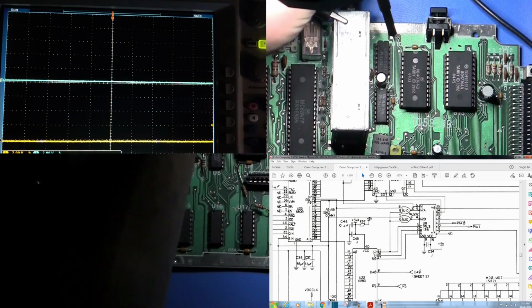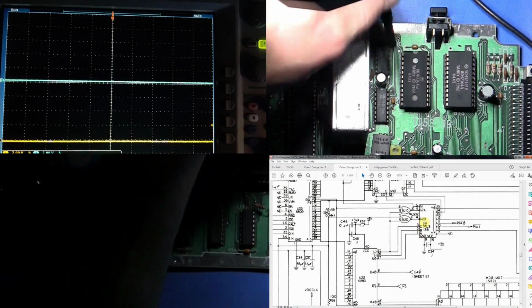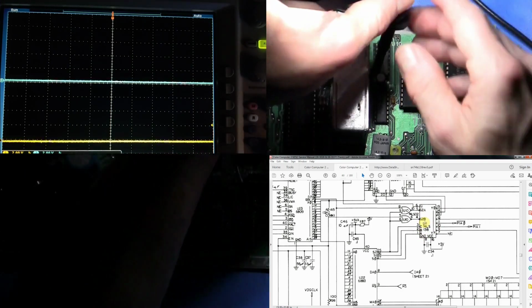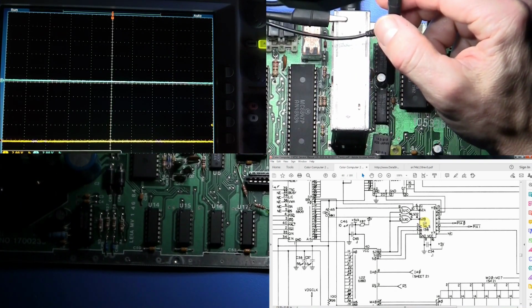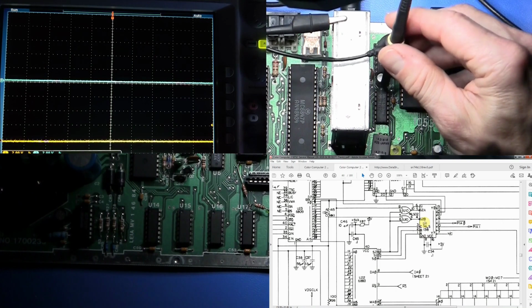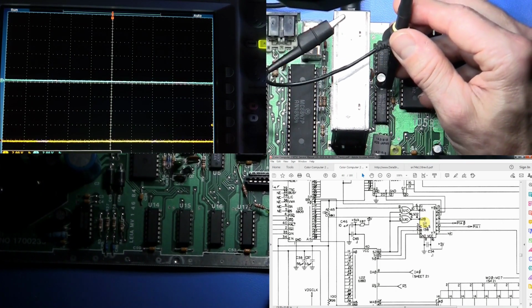So I mentioned the U11 decoder, decoding pins 1, 2, and 3. Let's just see that we have some activity there and make sure that we don't have one of those 8 outputs stuck low or one not going low that should be going low.